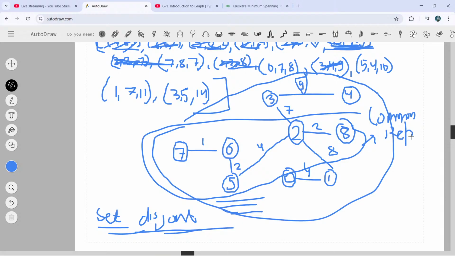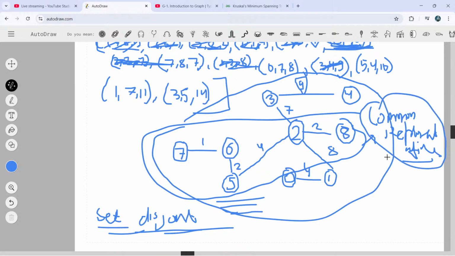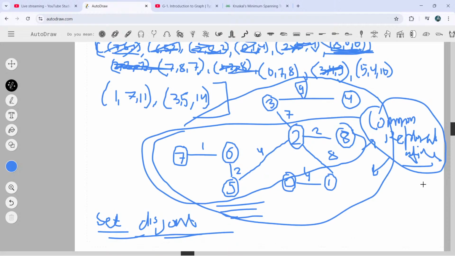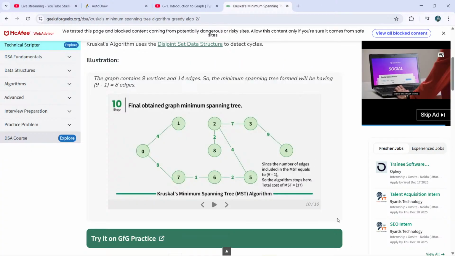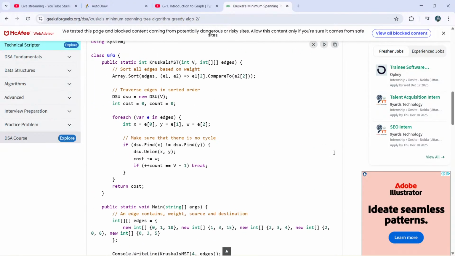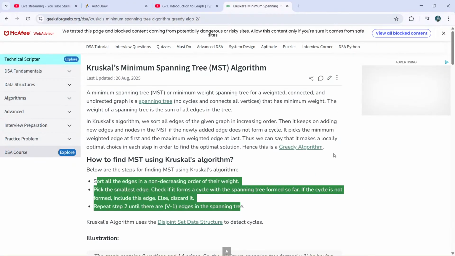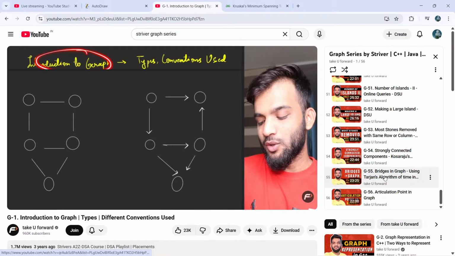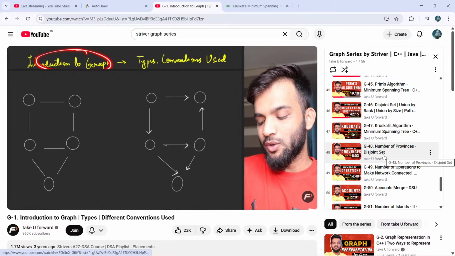From that we can say that they cannot be included, because they have a common representative, and it will create a cycle if we try to connect 1 and 7 again. They are already connected, so we cannot connect them again. So this makes sense, right? I think we understand Kruskal's algorithm also here. Then we can solve some problems on that.